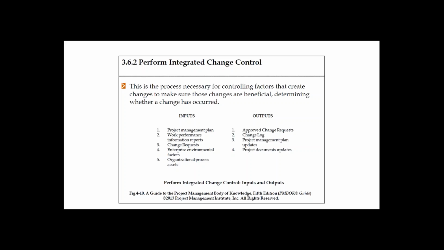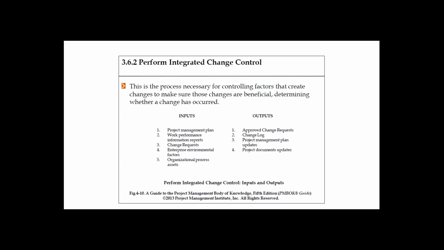Any organization would have a change control board, and the combined efforts start from evaluating a change and assessing the impacts on other constraints. That is the first step of perform integrated change control, and then coming up with proposed changes, and then submitting the request to a change control board.